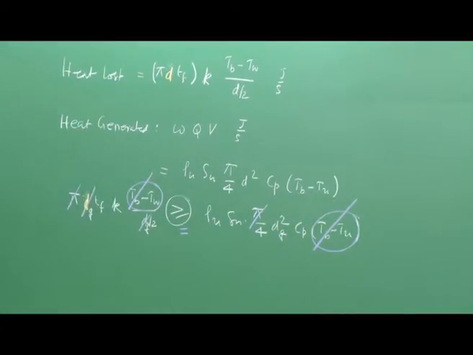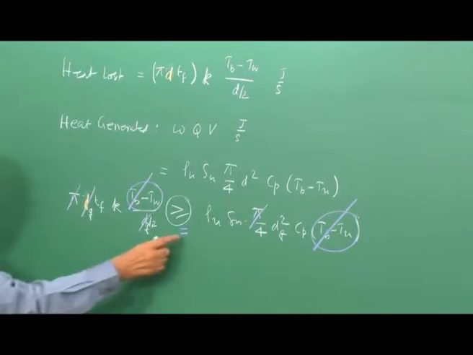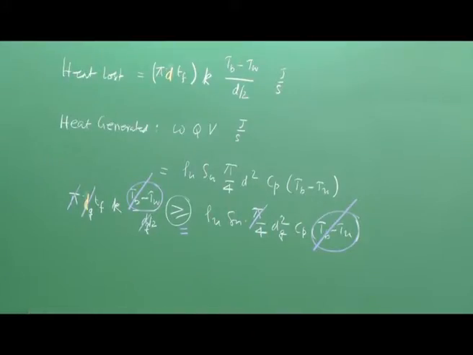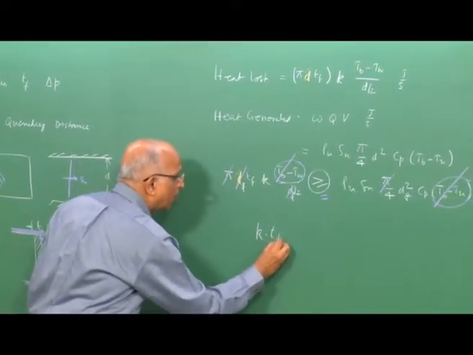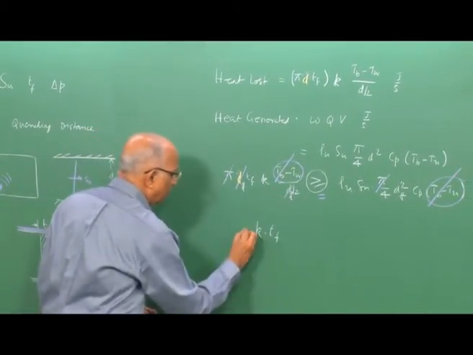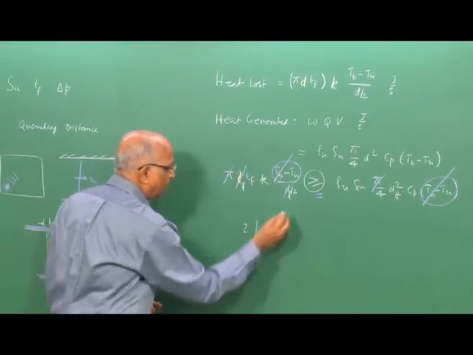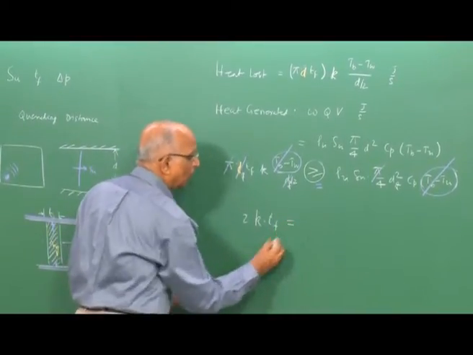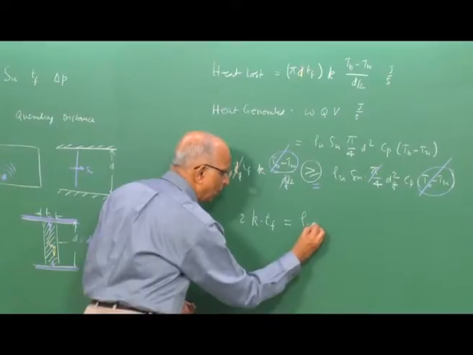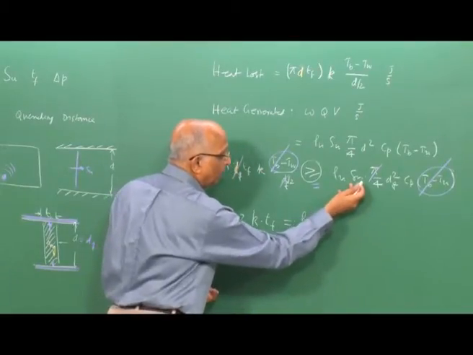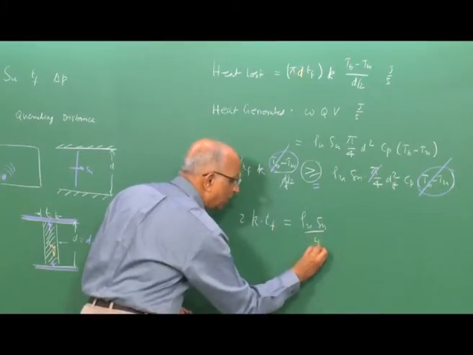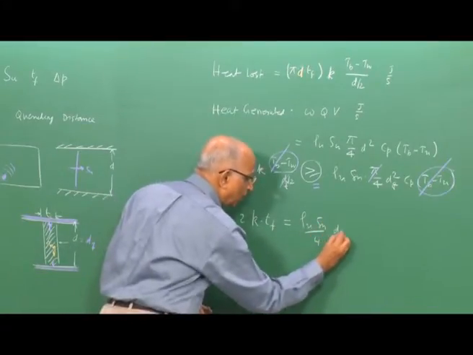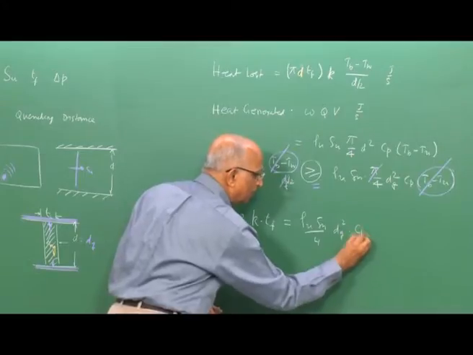Therefore, under this condition, where it becomes the equal sign, what do I get? I get k into Tf, multiplied by 2, because this is dq by 2, is equal to rho u into Su, divided by 4, into dq square into Cp.